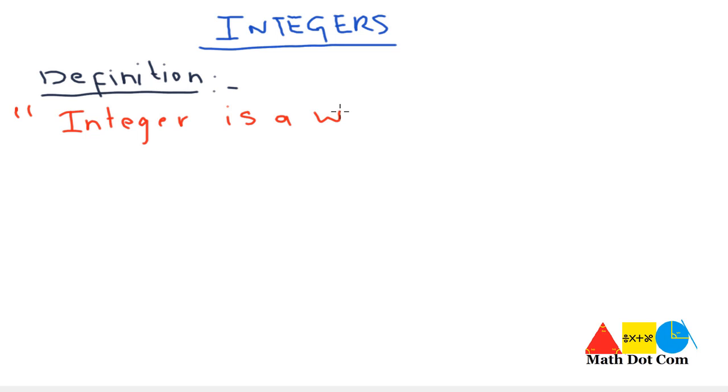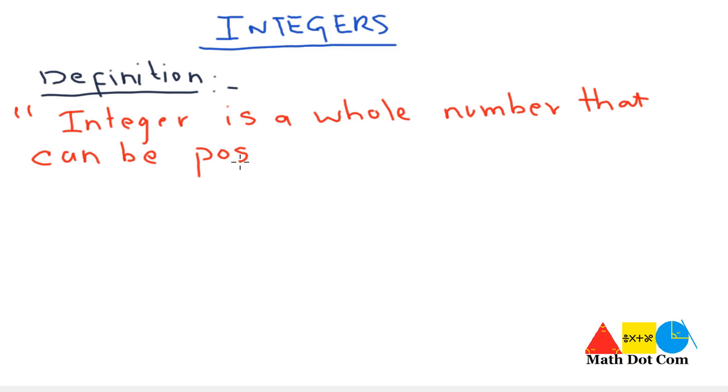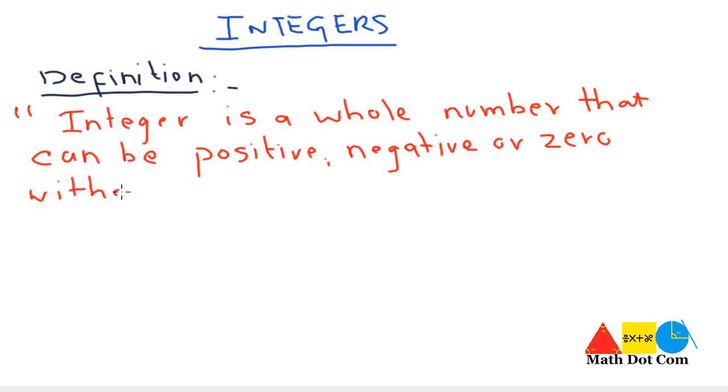In the definition, we are discussing a single integer, the whole number that can be positive, negative, or zero, without any decimal or fractional part.